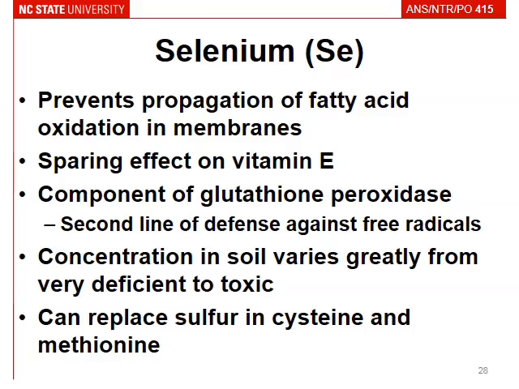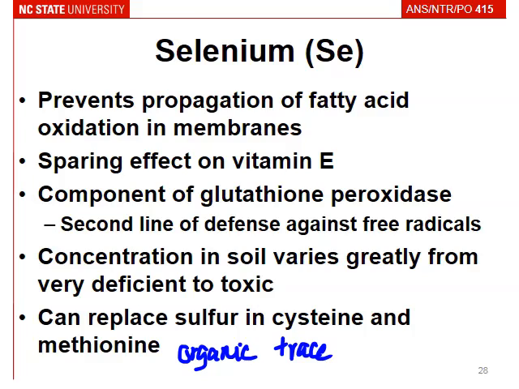If you've ever heard of organic trace minerals, that's where our organic selenium is selenomethionine. So instead of sulfur in the methionine, it's going to have selenium.